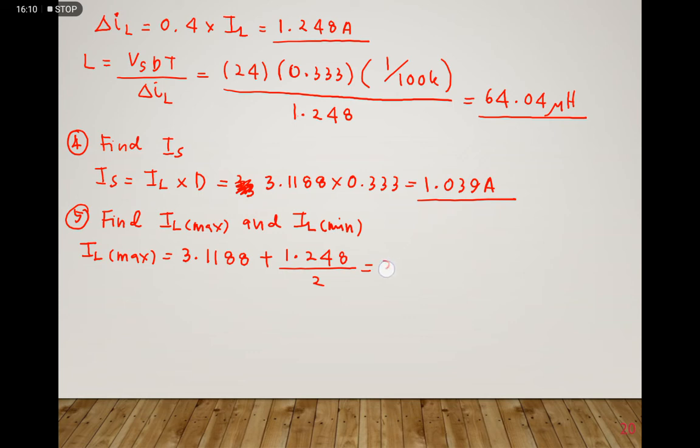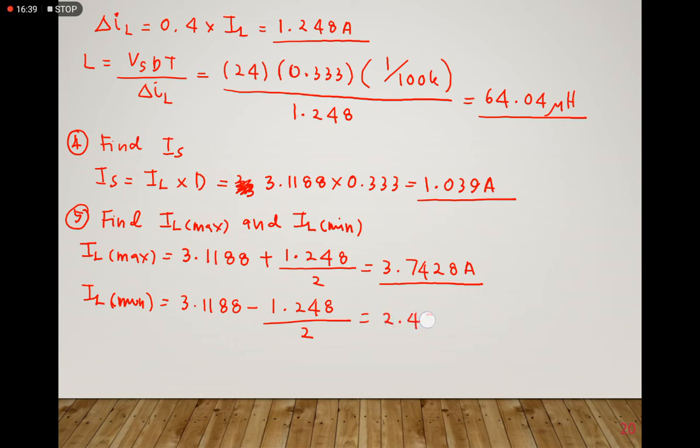You will get 3.7428 A. Then for your IL min, 3.1188 minus 1.248 over 2, you will get 2.495 A.